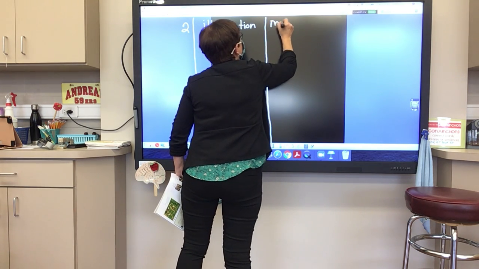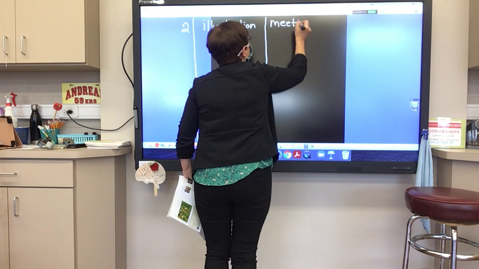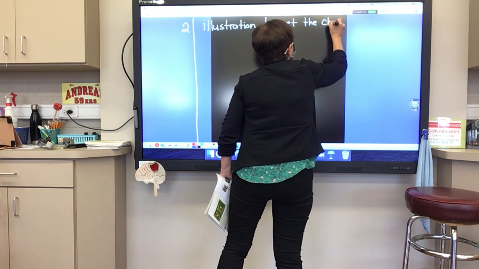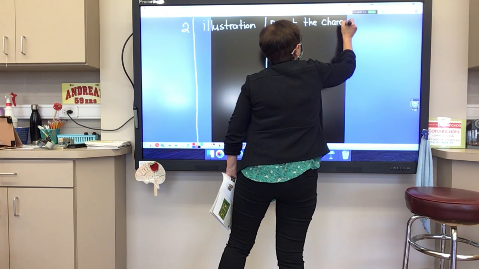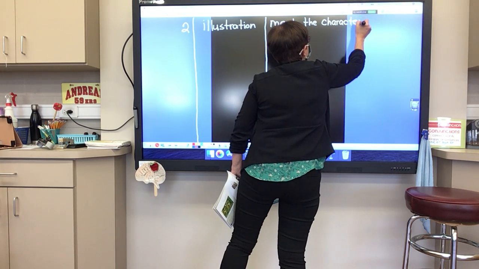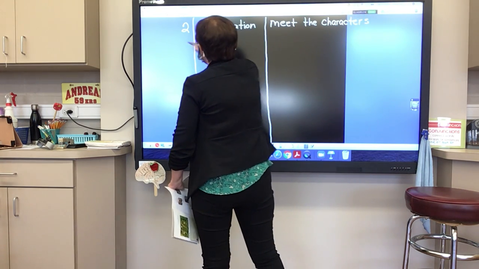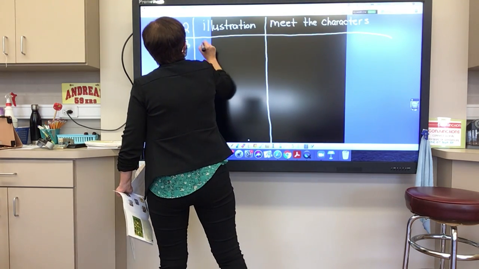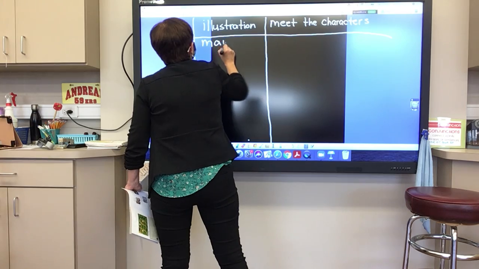So we meet the characters. Okay. Then on page 3, we have a map.